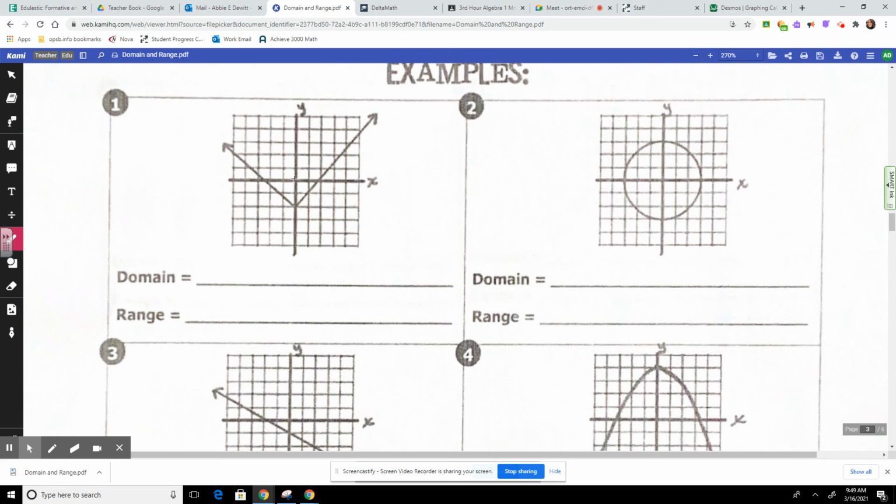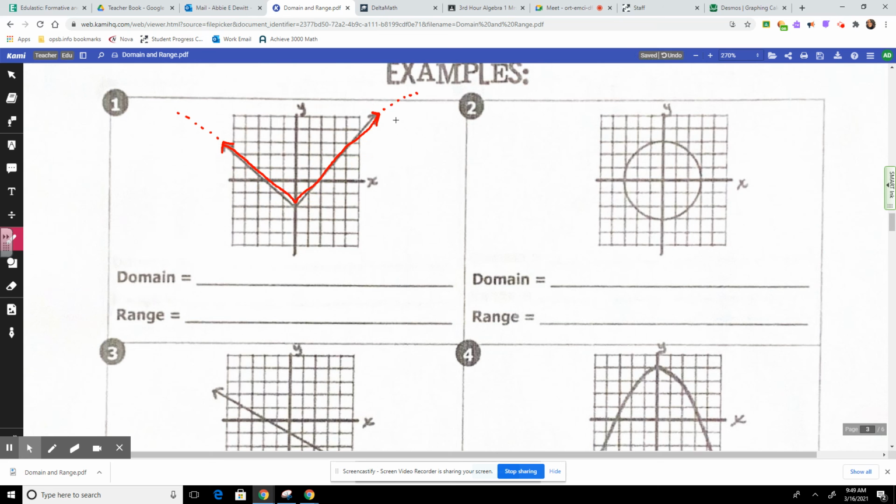What x values does this line graph cover? Well, it covers all x values for infinite and forever and beyond to the left. And then it covers all of these x values along here and all these x values along here. And then it still continues forever and beyond to infinity to the right.